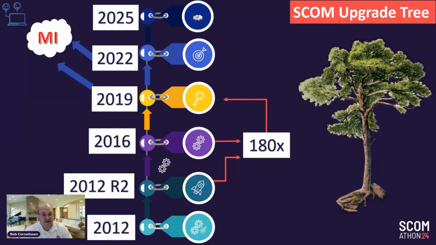So we had a little sidestep to semi-annual channel to the right-hand side, but we will ignore that in the next slides because you should migrate off it to a higher version as soon as possible anyway. It's no longer supported. And we see that we can currently go to SCOM MI from a SCOM 2019 and SCOM 2022 version. At least those are the supported path. And of course, we will expect a line to be coming later from 2025 towards MI as well.